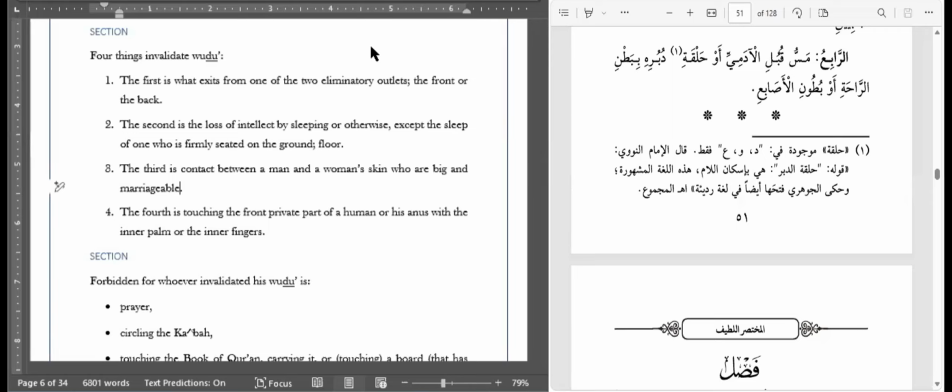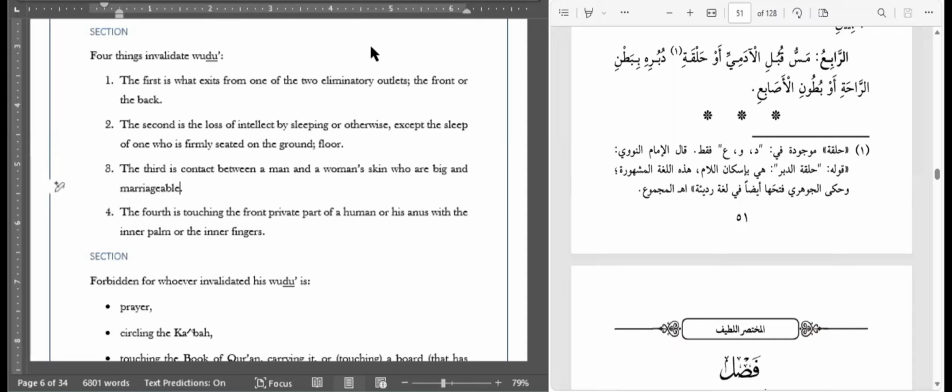And you mentioned breaking wudu by touching the front private part or the back of a human, or the anus, even if it's the same gender. Does age matter? No, age doesn't matter.